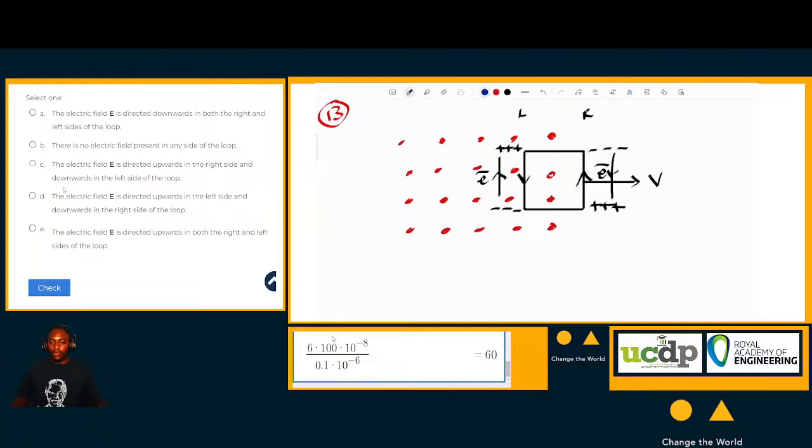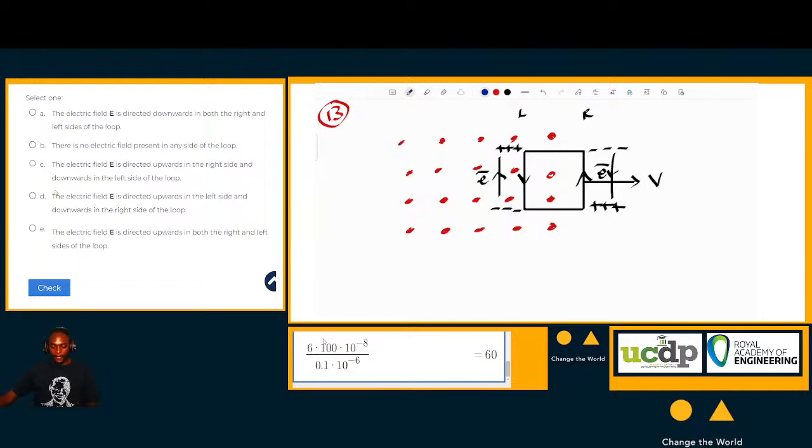So which option do we go for there? Which one is the correct option? Sir, I couldn't hear you. What was your question? The question is asking us to find the direction of the electric field, from what our sketch is showing. Oh, the electric field will be, I think, different on both sides.